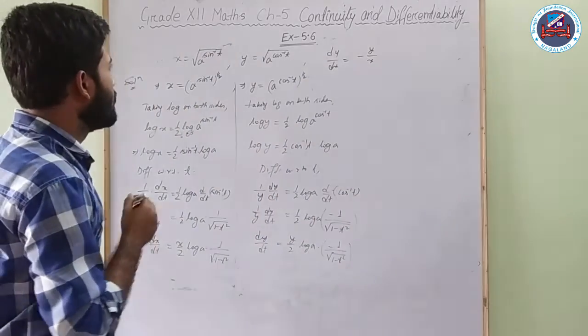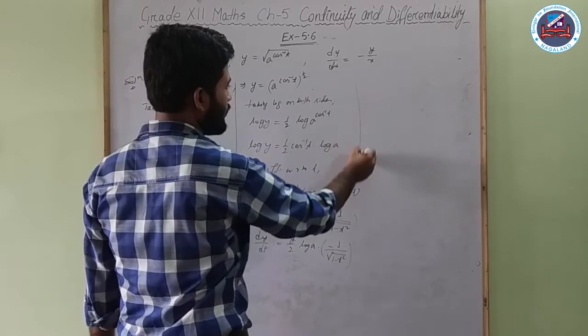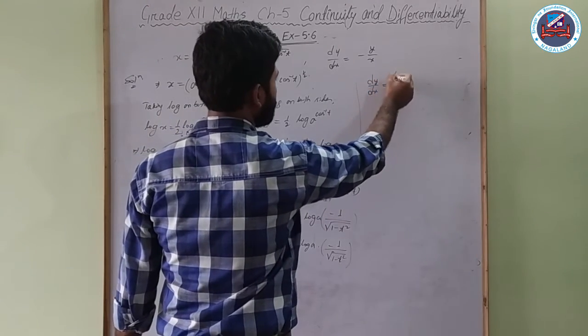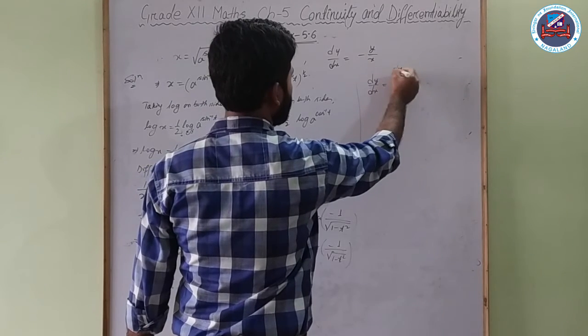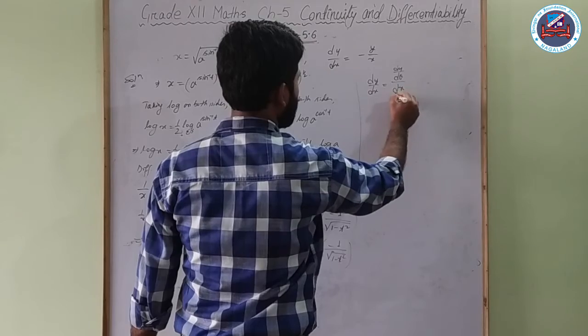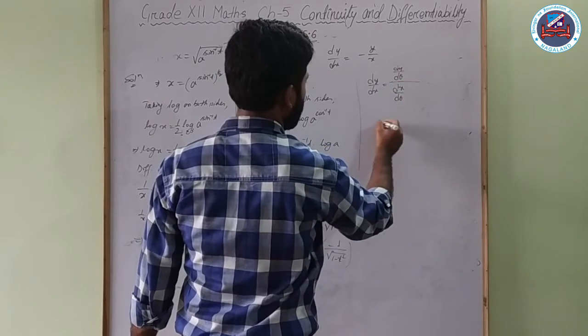Now what we need to find? We need to find dy by dx. So dy by dx will be equal to dy by dt by dx by dt.